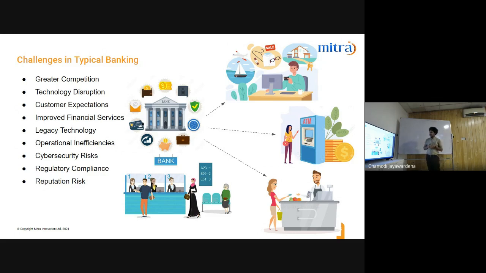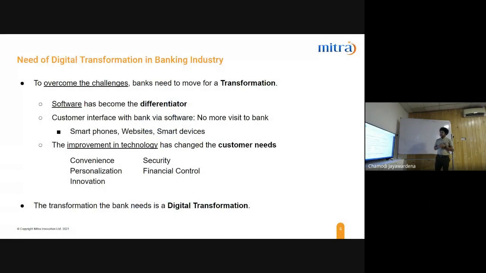So, moving to the next. If a bank needs to overcome these challenges, it has to come up with a transformation. Which kind of transformation do they need? We have seen that software has become the differentiator here. Customers interface with the bank via different software: smartphones, websites, and smart devices with their different applications.